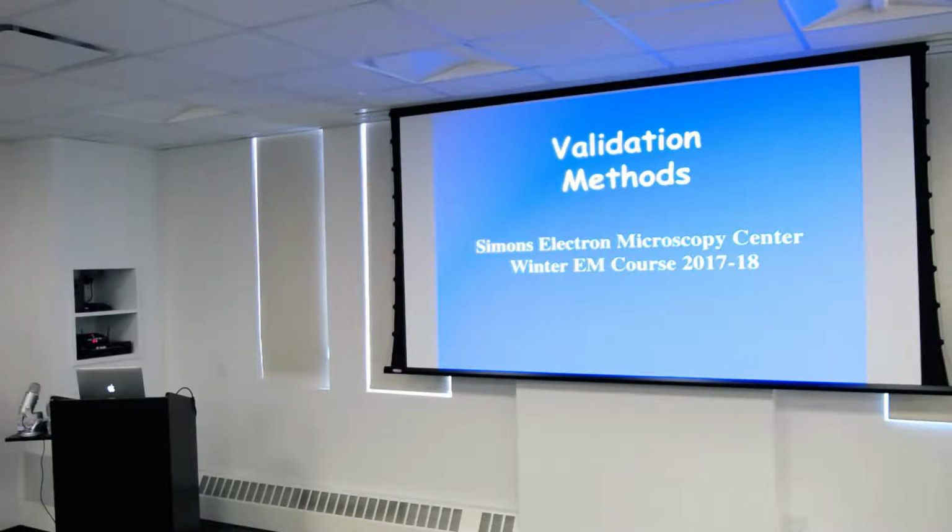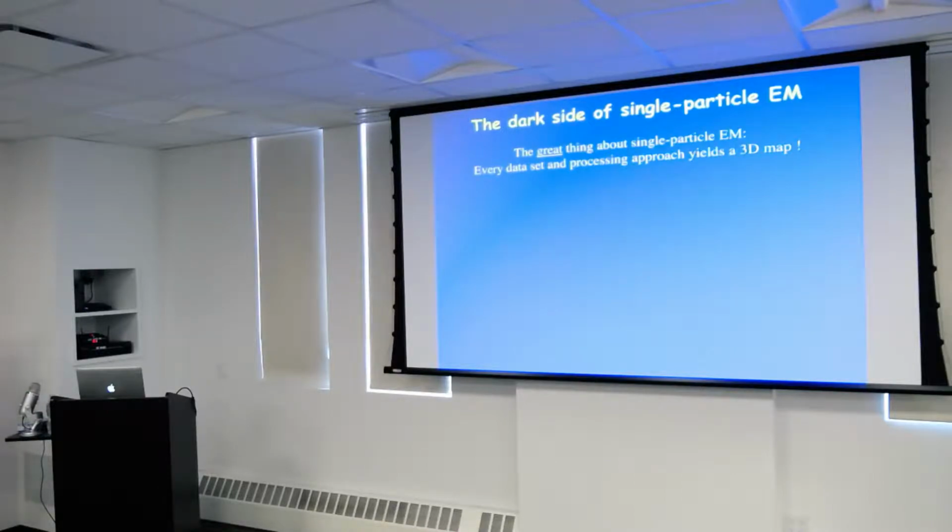When I grew up, there was really a dark side to single particle electron microscopy. Every data set that you processed, with whatever method you processed it, you always got a 3D map. That was really great. You always got your result.